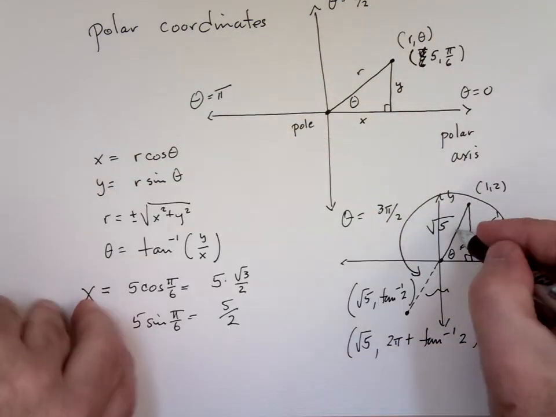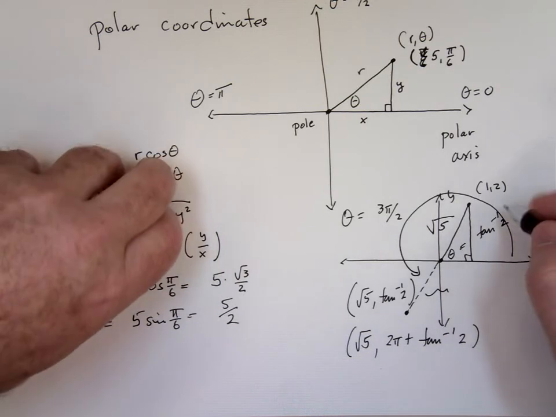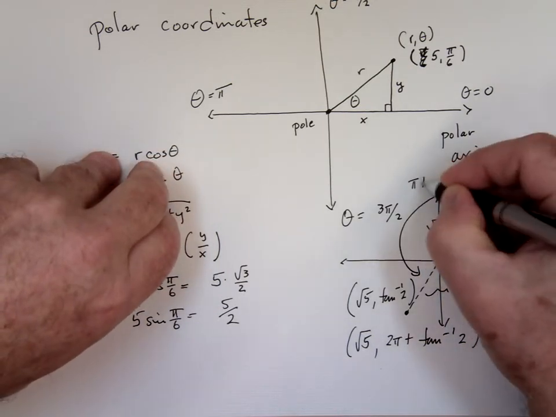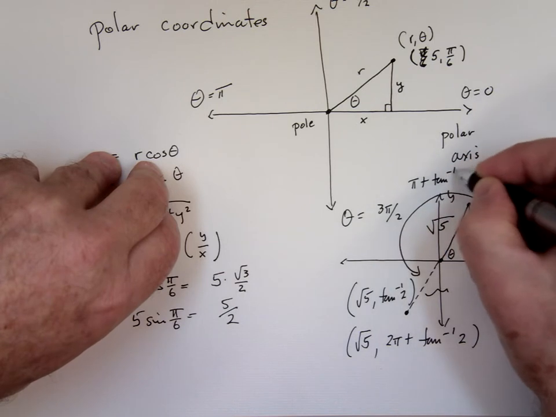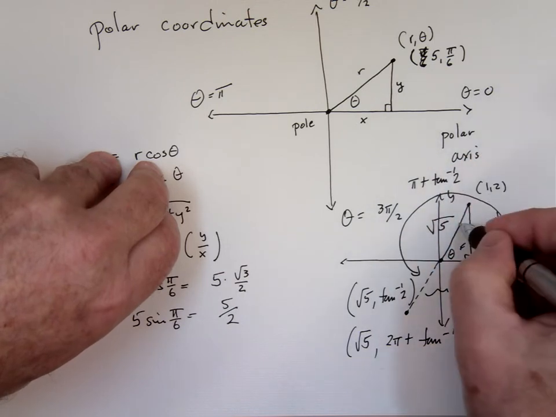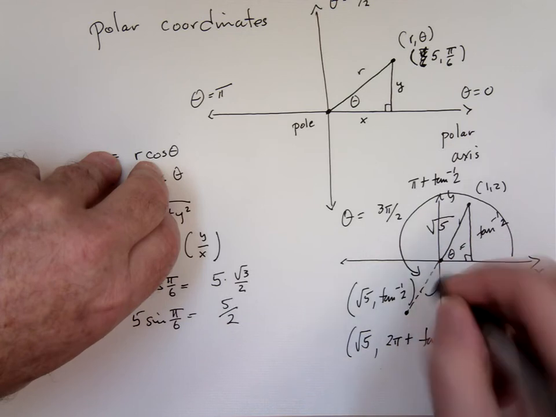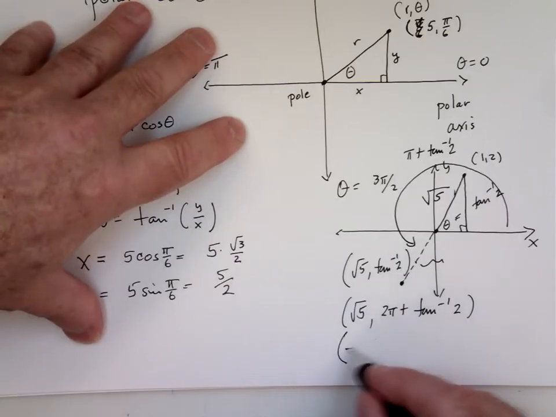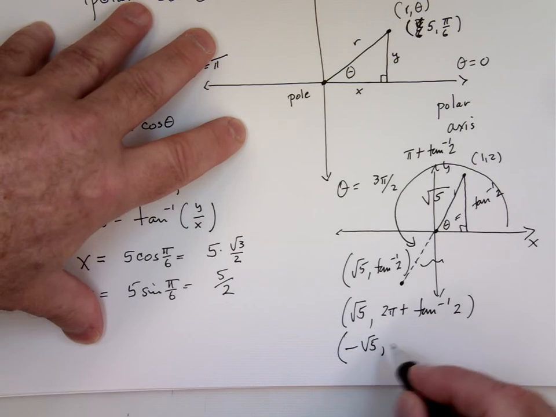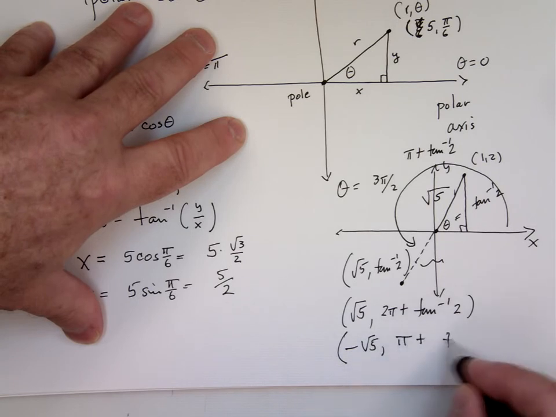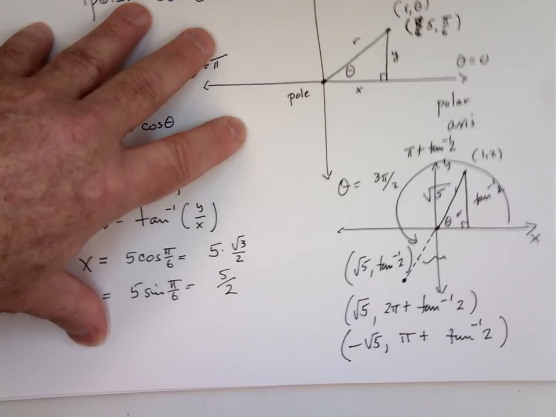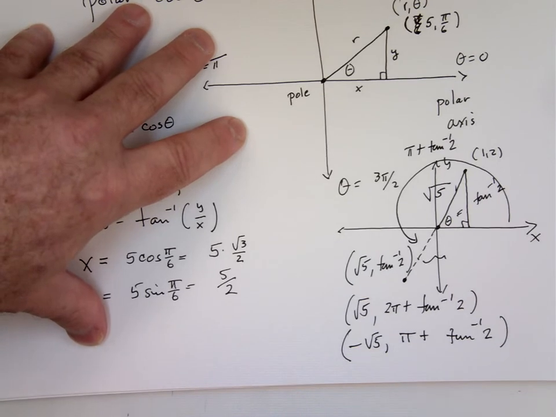Exactly right, pi plus inverse tangent 2, add 180 degrees to get over to here. So here's another way of referencing that point: negative square root of 5, pi plus inverse tangent 2. Believe it or not, that would get you to the same point, 1, 2, from before.